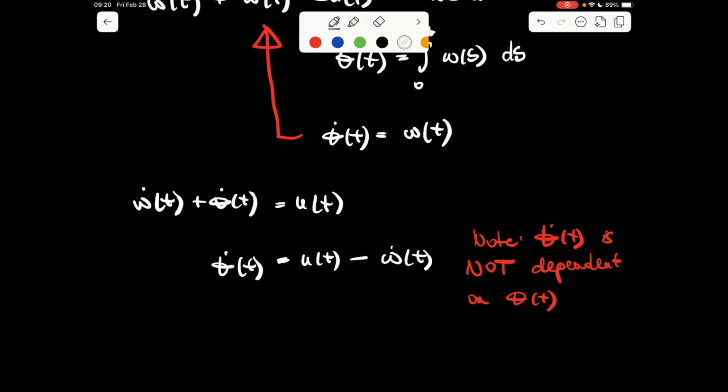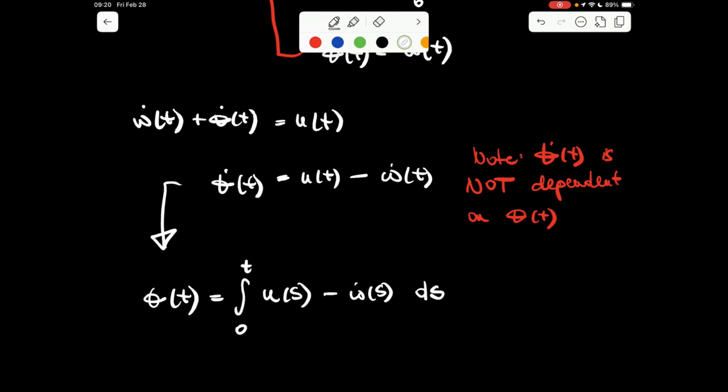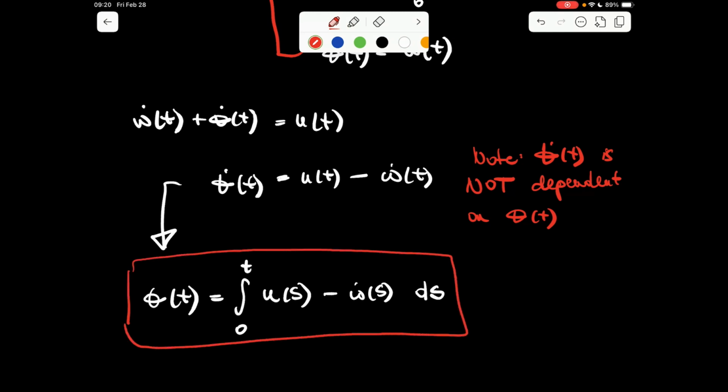So from this it follows that we can rewrite the equation in this form. Okay, because we used the previous results. So given this equation, the time differential of theta is going to be the integrand at t.